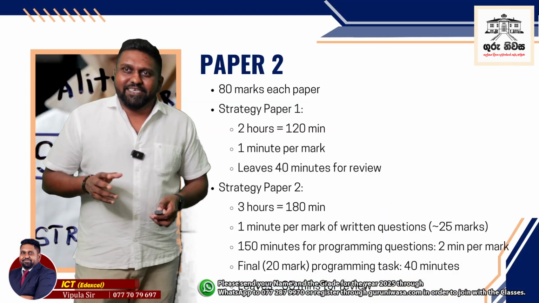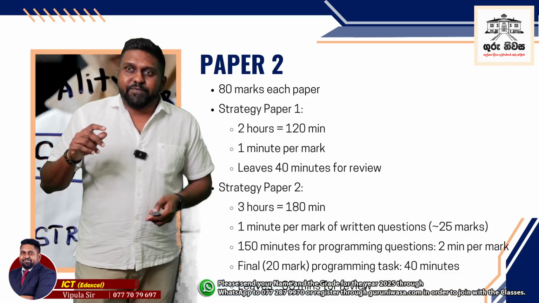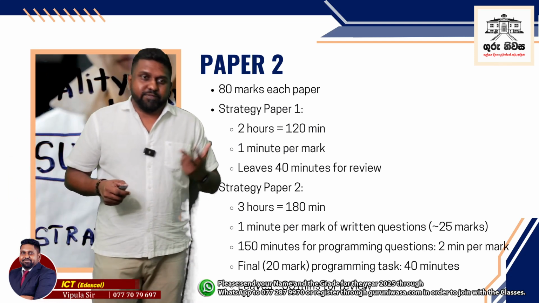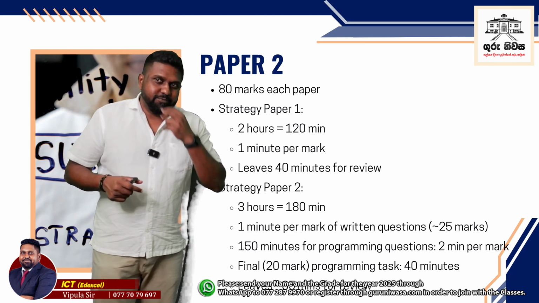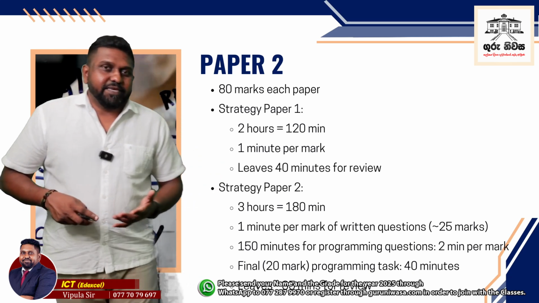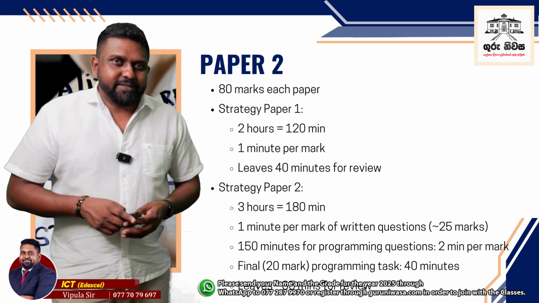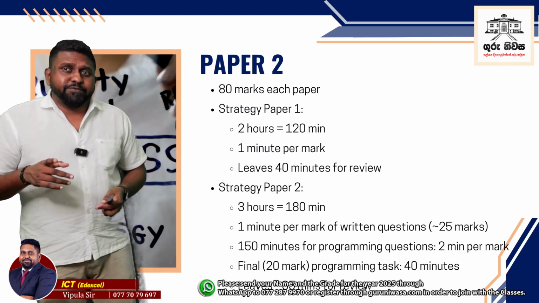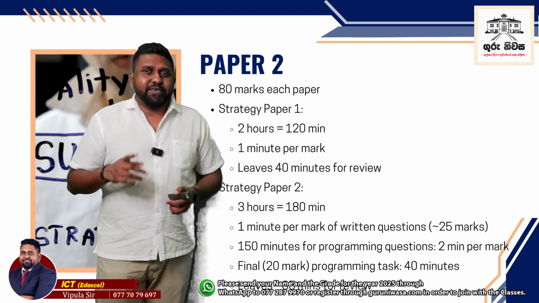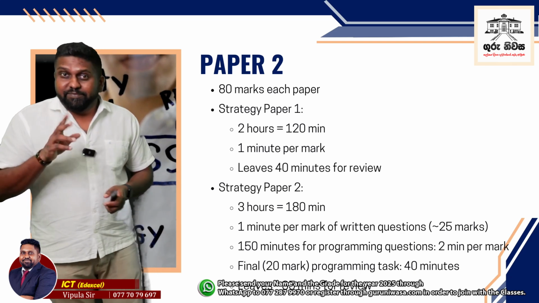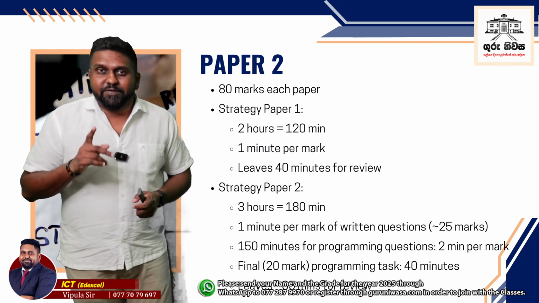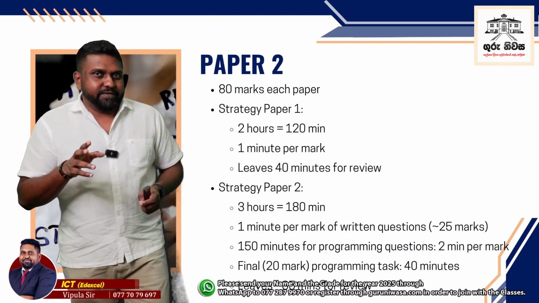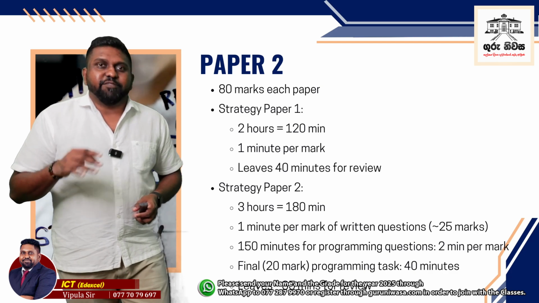So the exam strategy, what I suggest, is that there are 2 strategies for the 2 papers. For paper 1, you get 2 hours, which is equivalent to 120 minutes. If you spend 1 minute per mark, don't get this confused, not per question, 1 minute per mark, that means if you have a question worth 4 marks, you can spend 4 minutes.